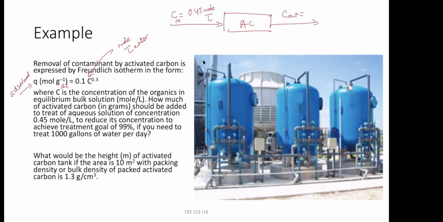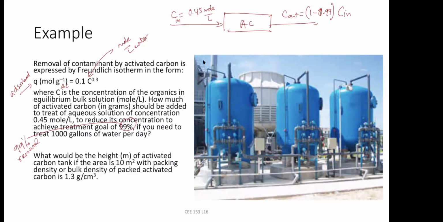99% is removed. That means only 1% remaining of C in. Or another way to say it, if I want to write it properly, is 1 minus 0.99 times C in, that is 99% removal.